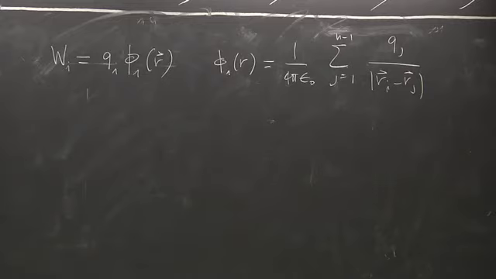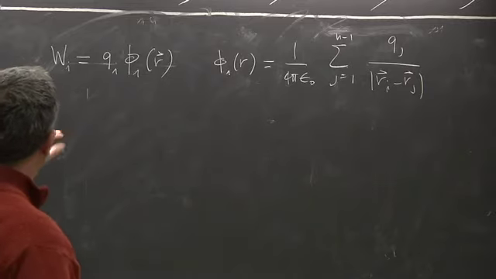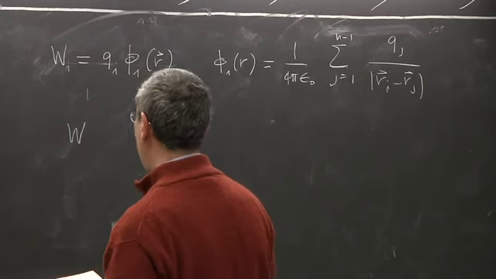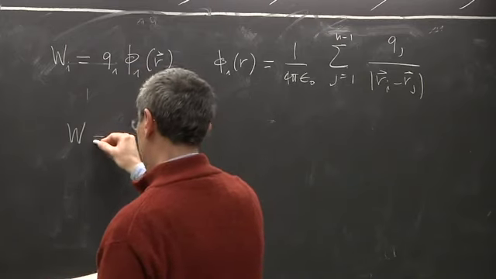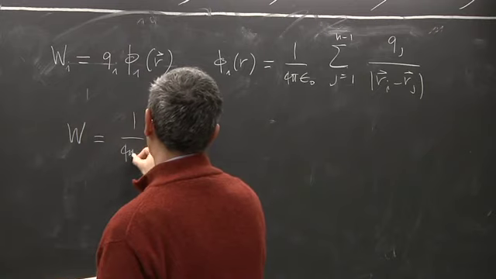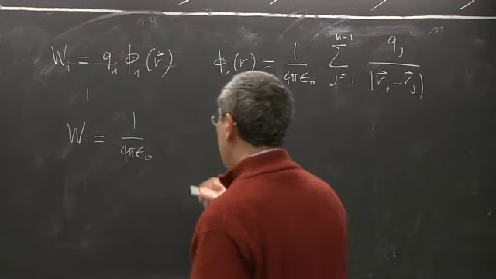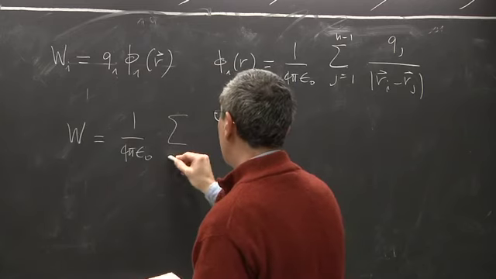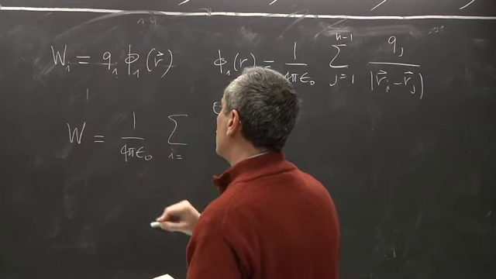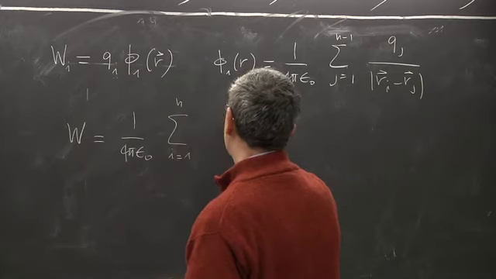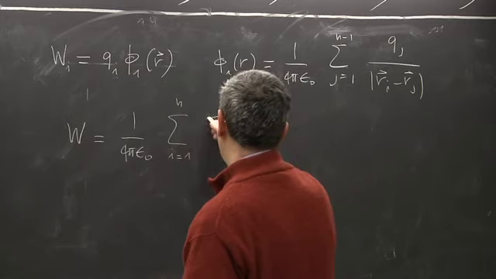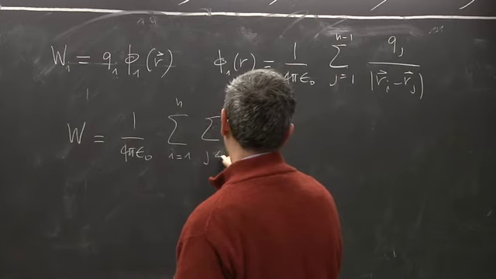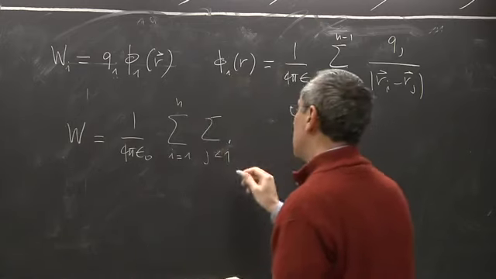And now I want to massage these things in such a way to get the total energy, right? Then it's going to be just the sum of this. The total energy is just 1 over 4 pi epsilon naught. Then you sum over all possible charges Qi, so from 1 to n, and then you sum over j, say in this case, j less than i, right?